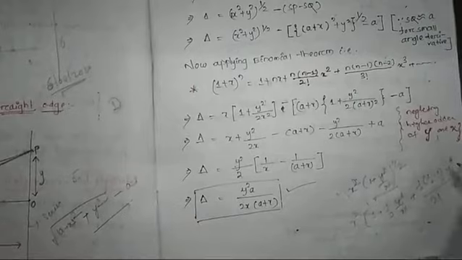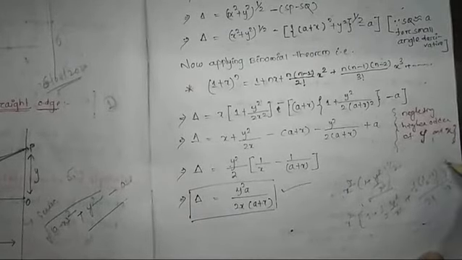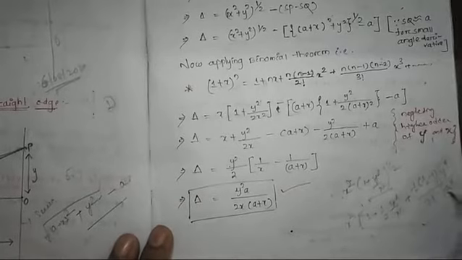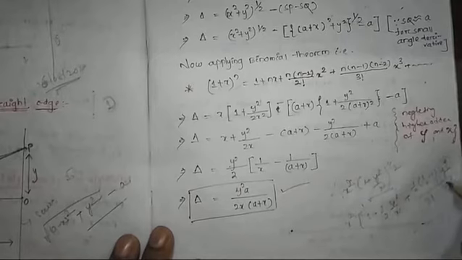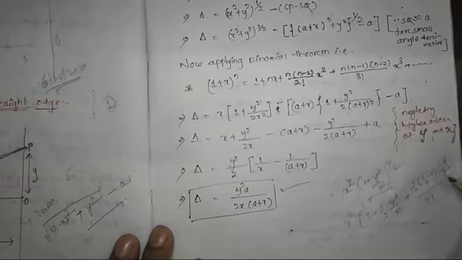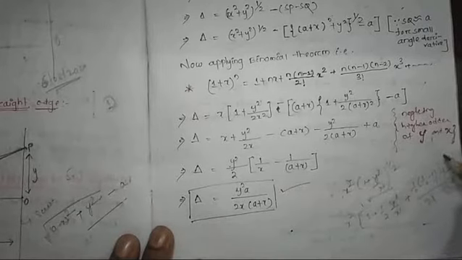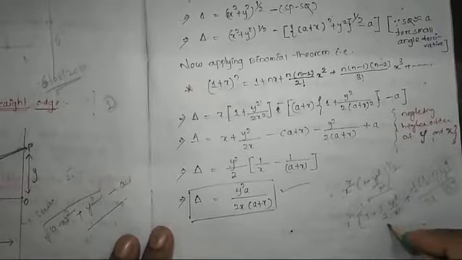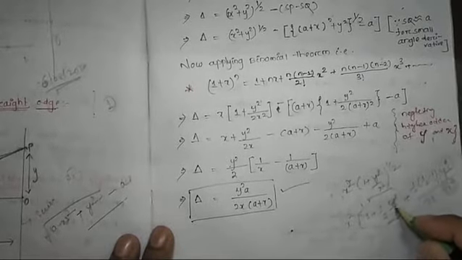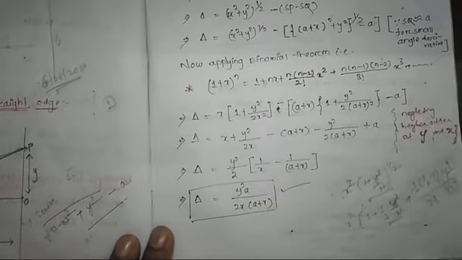But we are not going to consider the higher order terms, because y is small and x is large compared with y. If x is large, the higher terms decrease compared with this one. So only for that reason we consider half y squared by x squared, and the other higher terms are not considered.